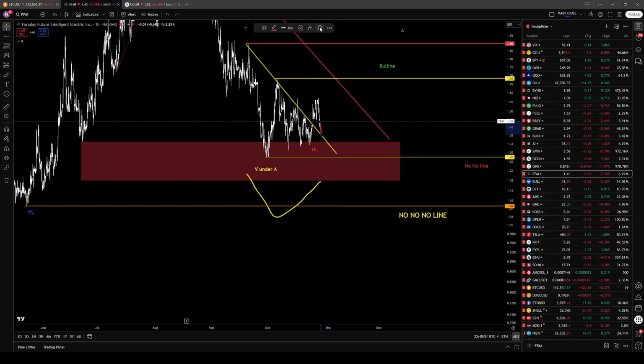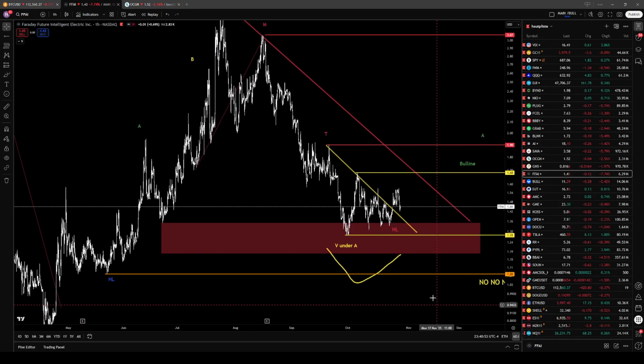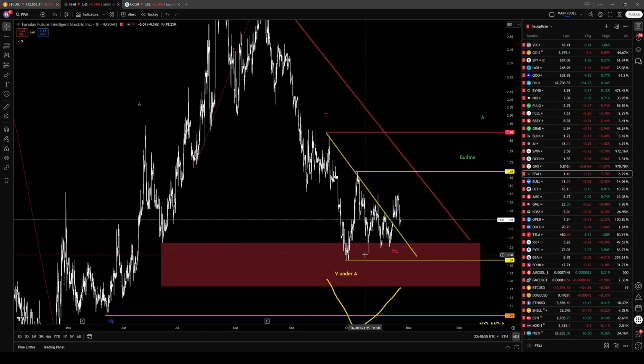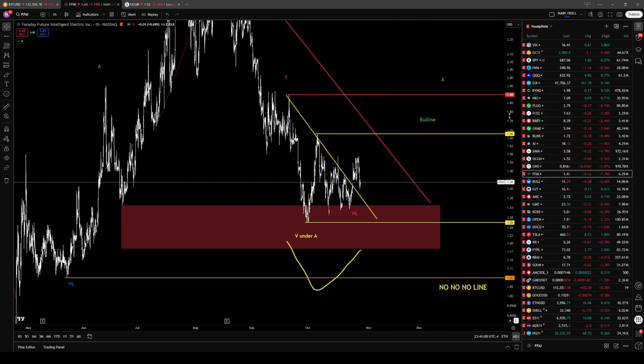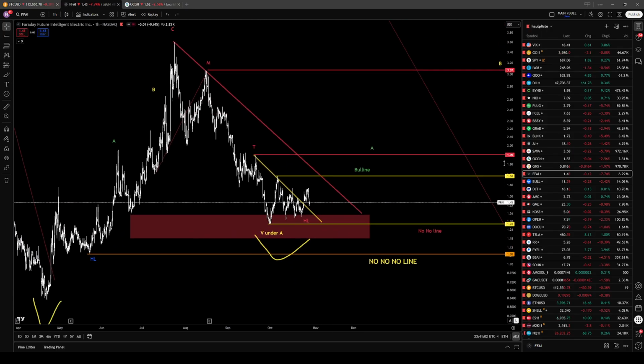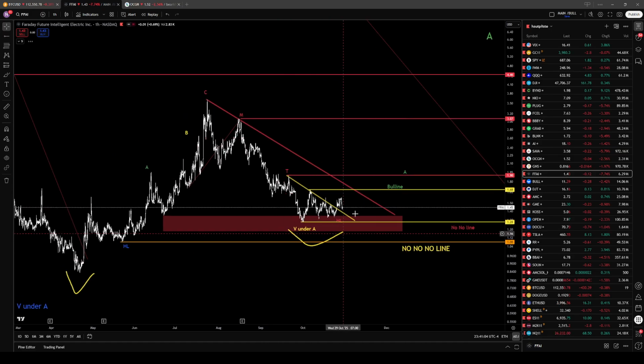I always said in the last 2 weeks, the only thing which is important is we have to hold this higher low. If we are holding this, we are finished and ready to go. What we are not allowed to break is 1.08, because that would be bad.